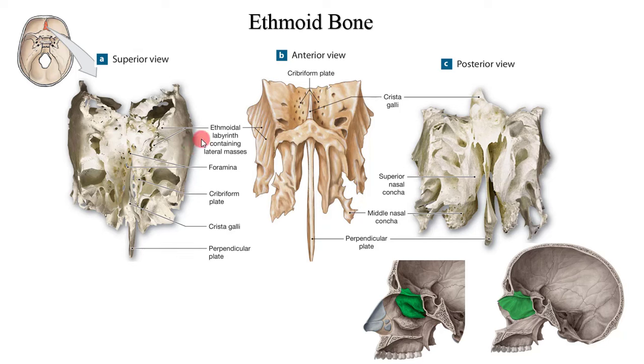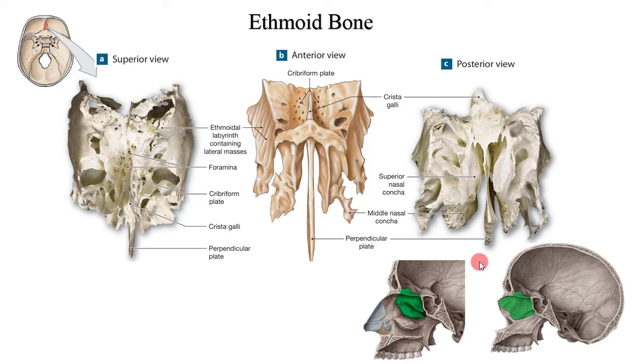The ethmoidal labyrinth, dominated by the superior nasal concha and the middle nasal concha, is best viewed from the anterior and posterior surfaces of the ethmoid. The ethmoidal labyrinth is an interconnected network of ethmoidal air cells. These air cells are continuous with the air cells found in the inferior portion of the frontal bone.